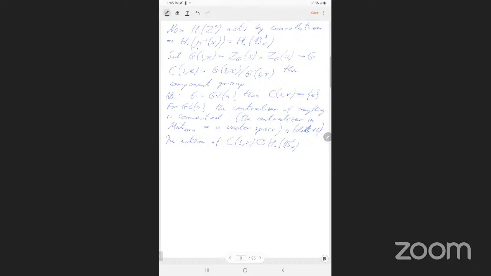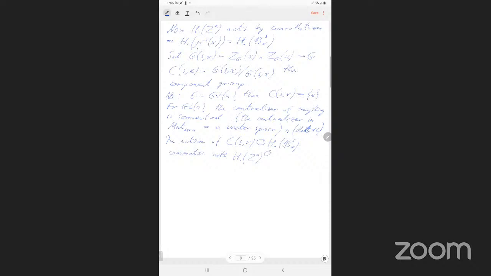The action of the neutral component, for topological reasons, is trivial. So only the component group survives. And it acts there, and just by the construction, it commutes with the action of the Borel-Moore homology of this variety of triples.